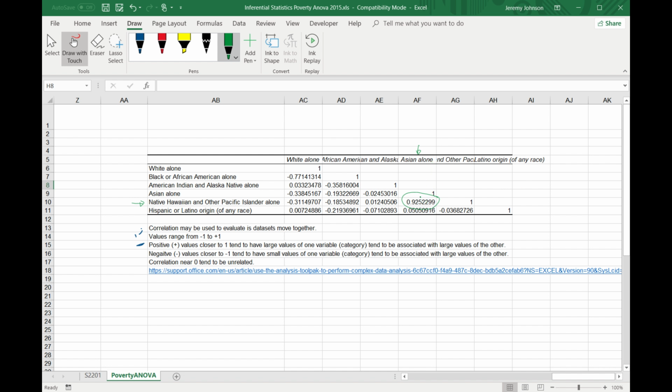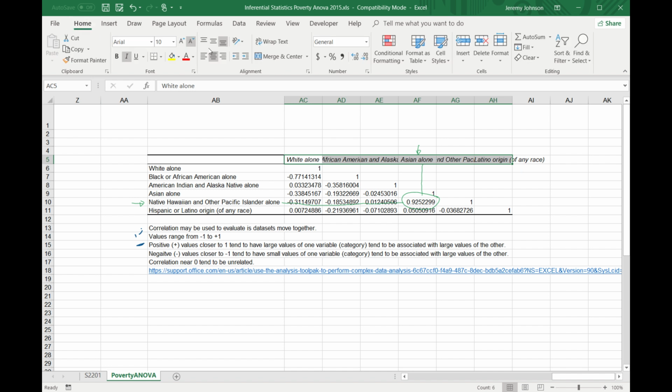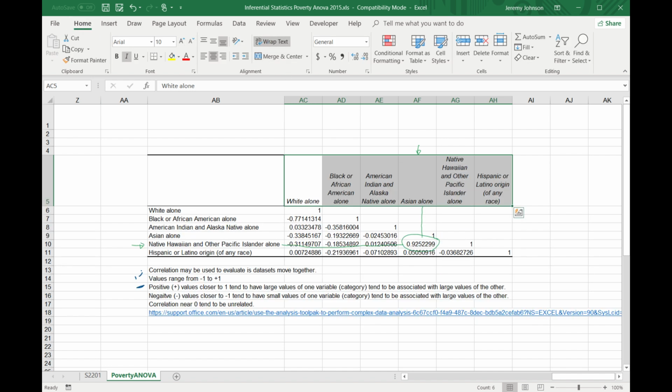The influences racially and culturally here would make a lot of sense, that there would be a lot of overlap between Asian and Native Hawaiian and other Pacific Islander, especially if you look at it from a racial breakdown. So they would fit similar categories. I'm going to modify this table so it's a little easier to read. How's that?